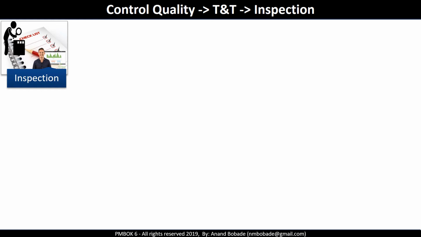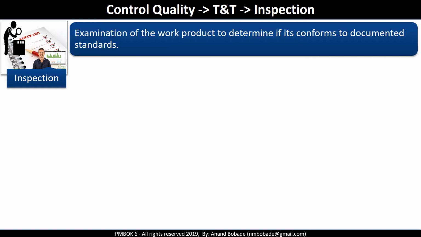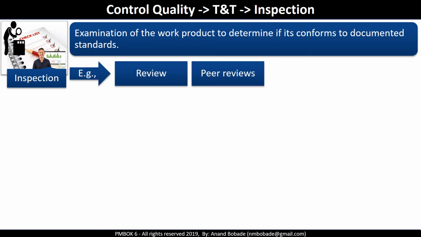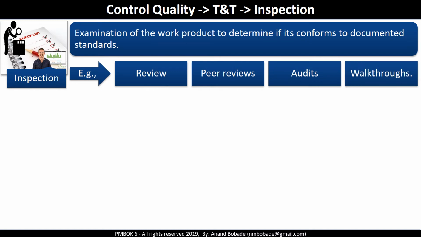Inspection. It refers to the examination of a product in order to determine whether it conforms to the documented standards or documented requirements. It can be called reviews, peer reviews, audits, or walkthroughs.